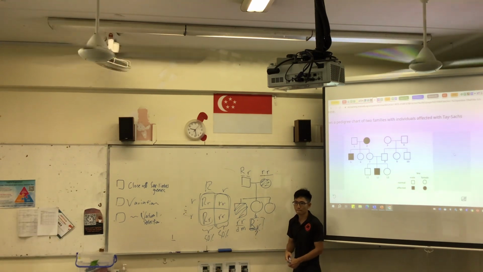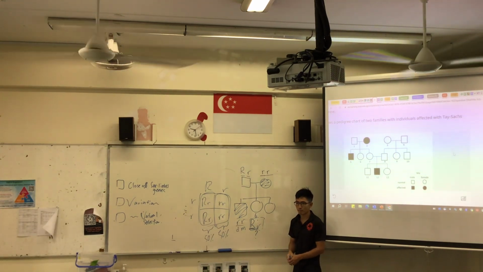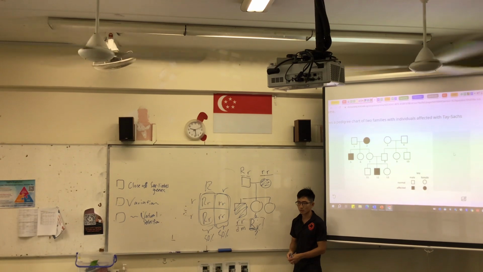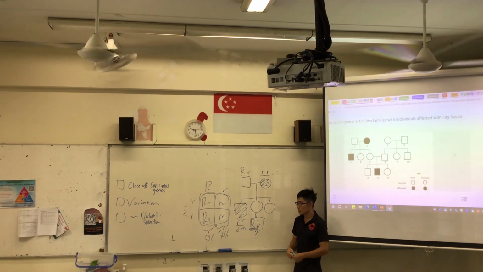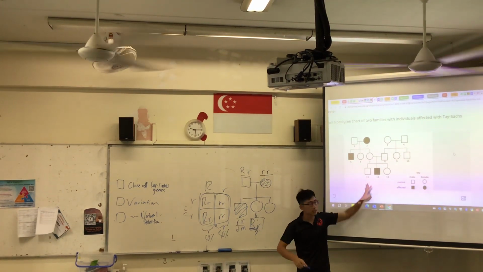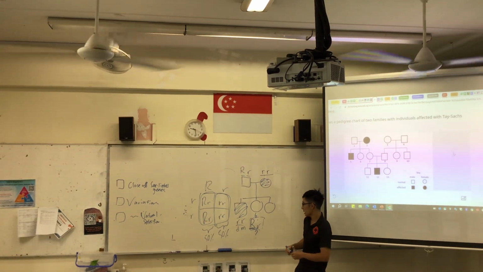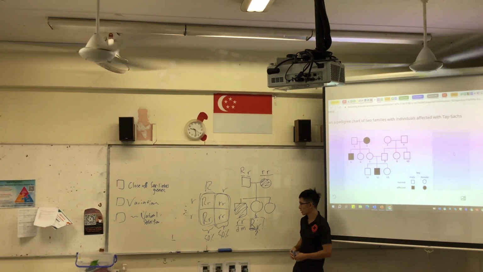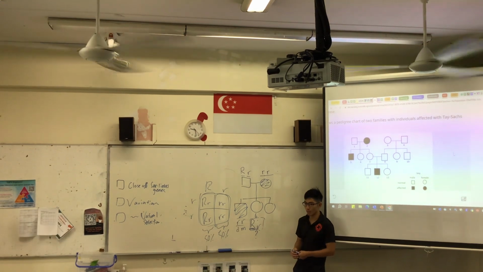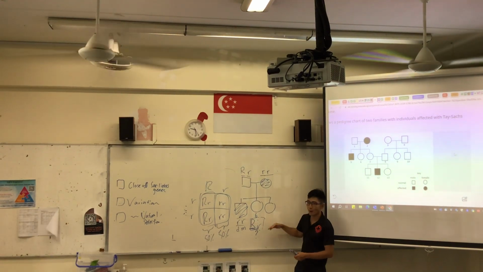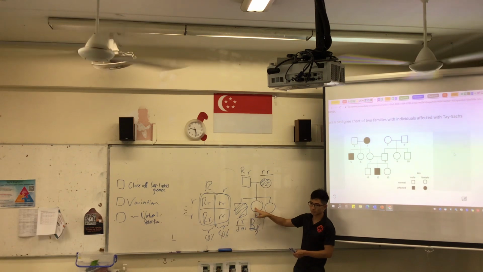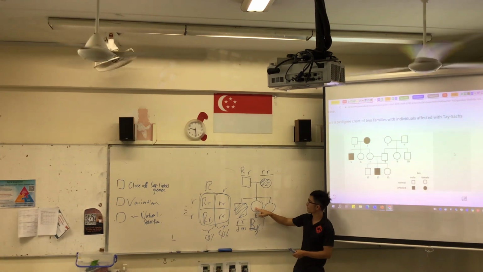Yes? But isn't it like if males have the disease, then they will? Yes, but we agreed from the start that this is not sex linked. If it is sex linked, then you're right. It is possible that the individual may have the disease. This is a female, I mean like at the start.